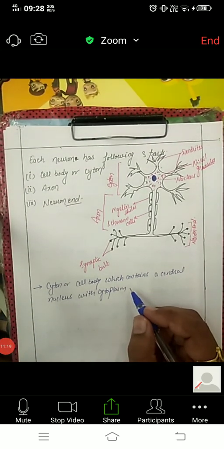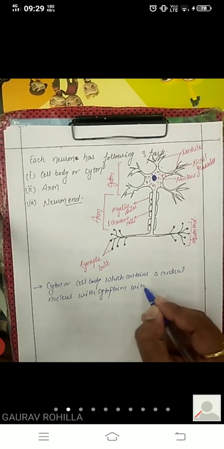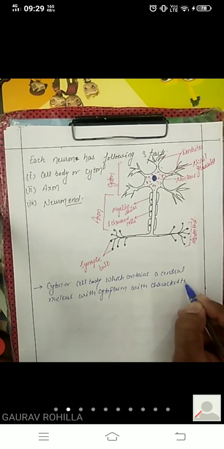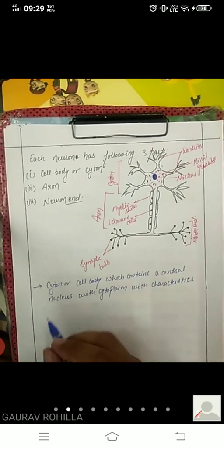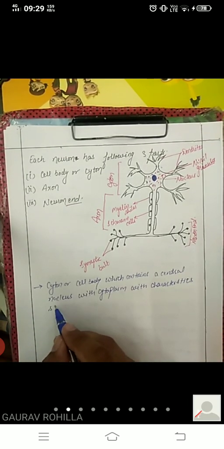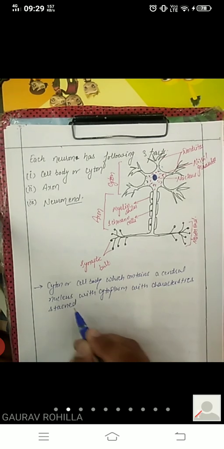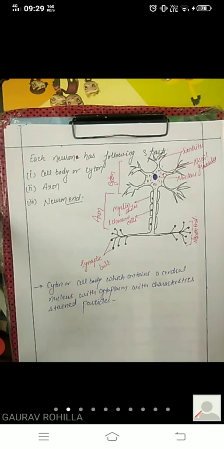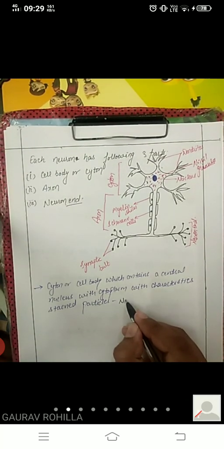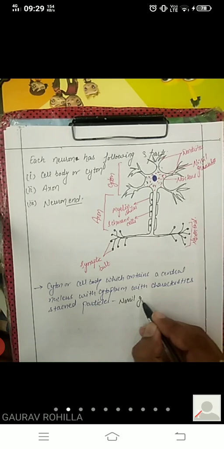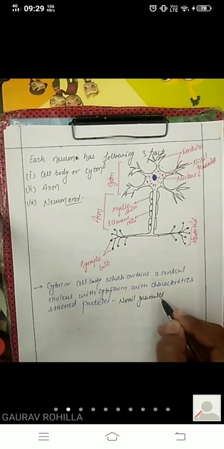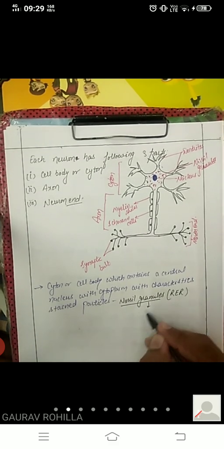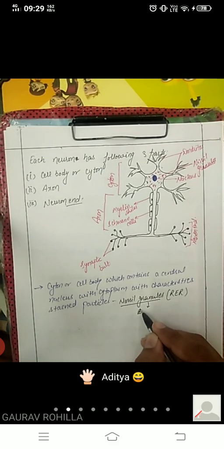It's a cytoplasm with characteristic stain particles called Nissl granules, and these Nissl granules are made up of rough endoplasmic reticulum, and they appear gray in color.